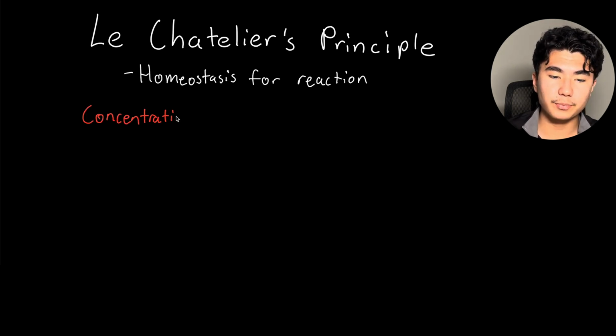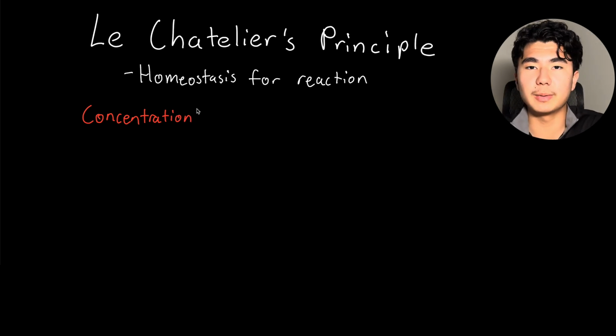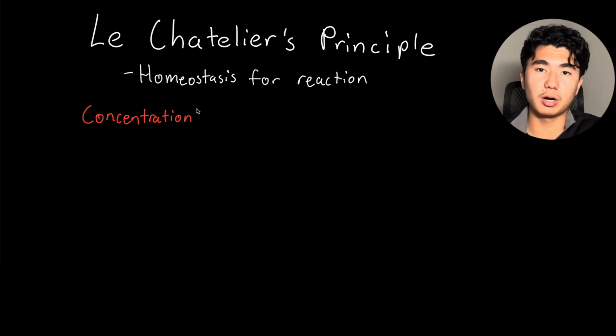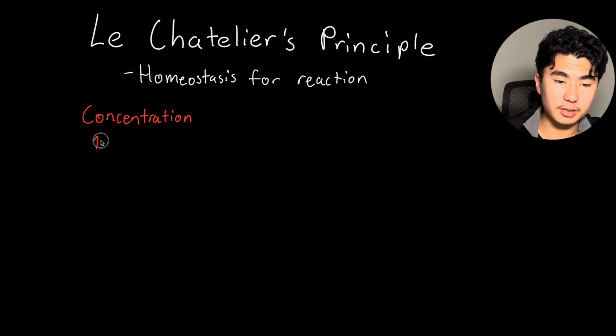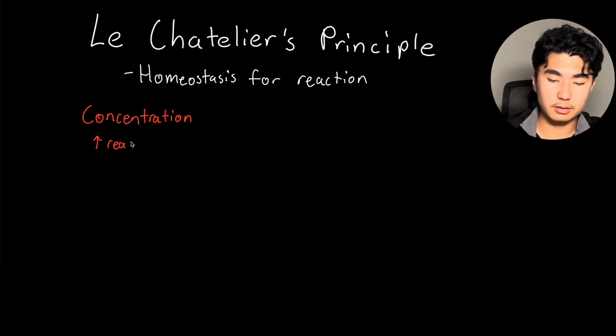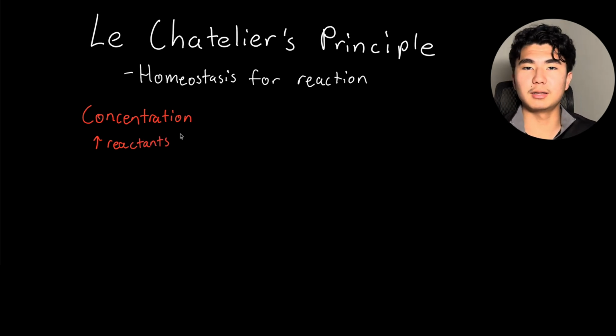Concentration. Now when I'm talking about concentration, I'm talking about reactant concentration and product concentration. And let's say we increase the reactants. Well, we already know what's going to happen because this is just Qc being less than the equilibrium constant.